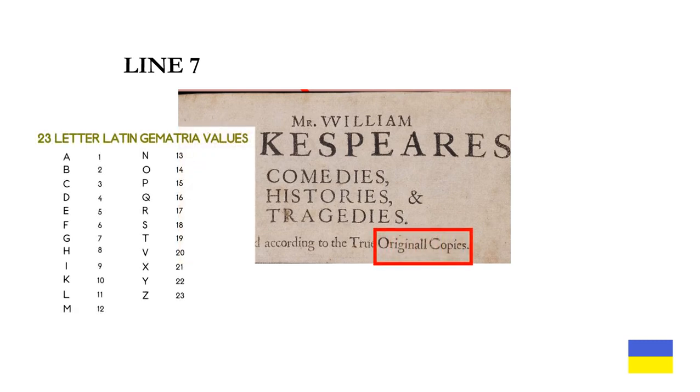So let's take a gematria sum of the O and the C in original copies. O is 14. C is 3. That gives us a gematria sum of 17.